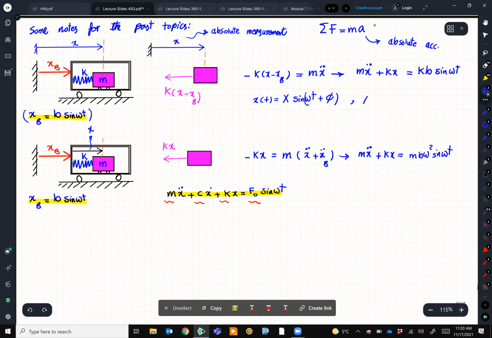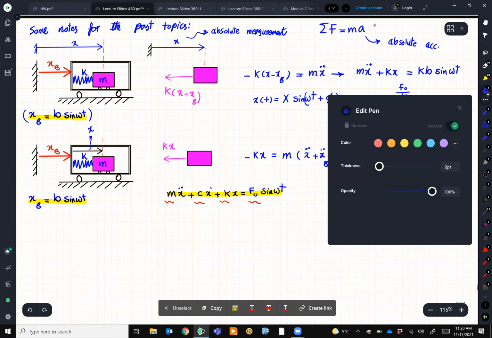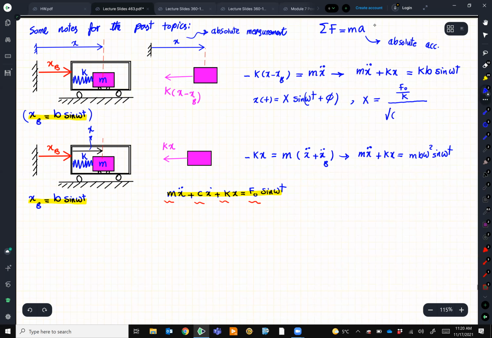And we know X also has a standard form, which is F0 over k. Let me write down everything: 1 minus omega squared, zeta omega n. Please do this case with damping later yourself, but that's similar. Just add a C x dot.